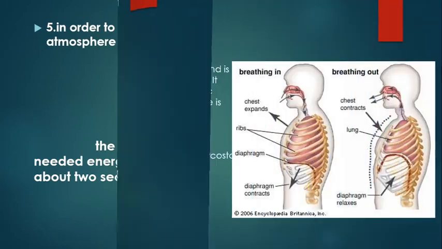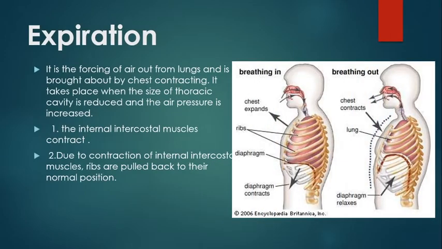Here in expiration, the opposite things are going on. The air going out is the main thing. Previously the external intercostal muscles contracted during inspiration, and here the internal intercostal muscles contract.